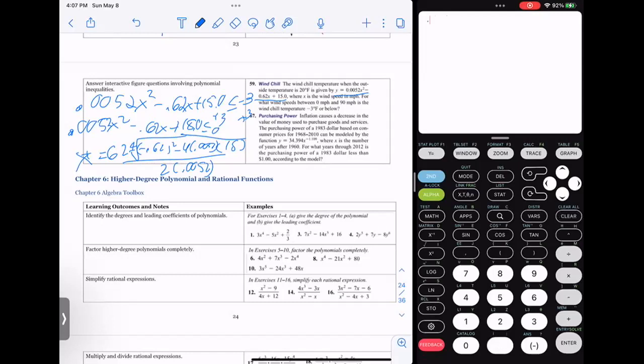So it should look like this. Let's see. Okay, 2 times 0.0052.